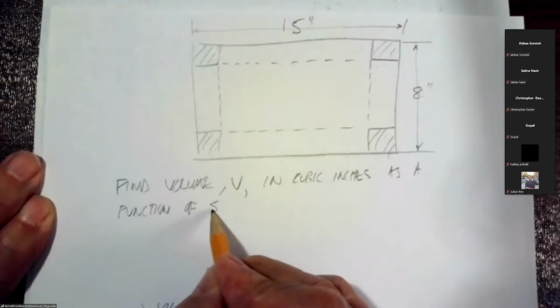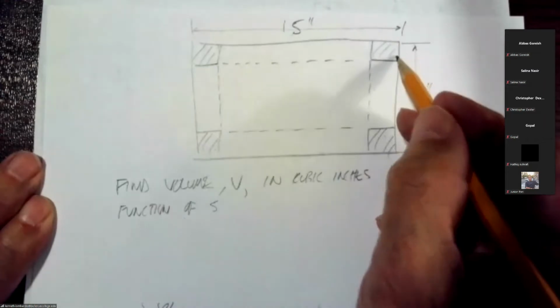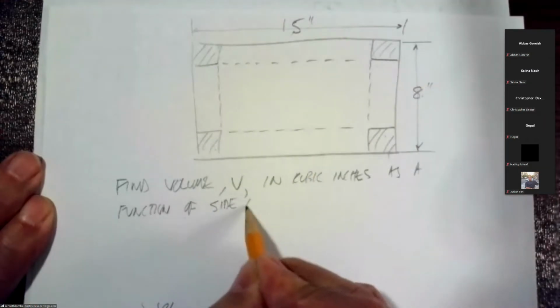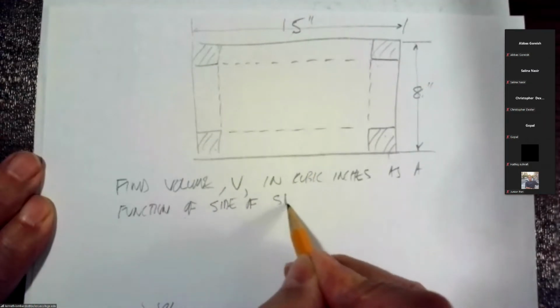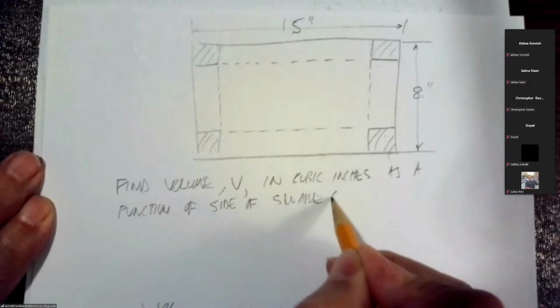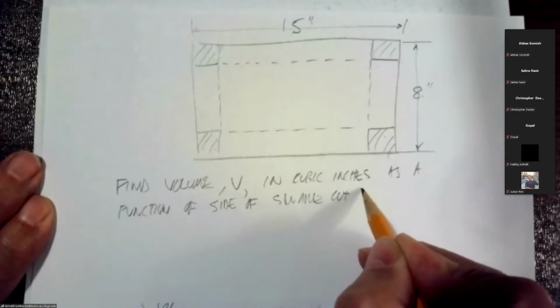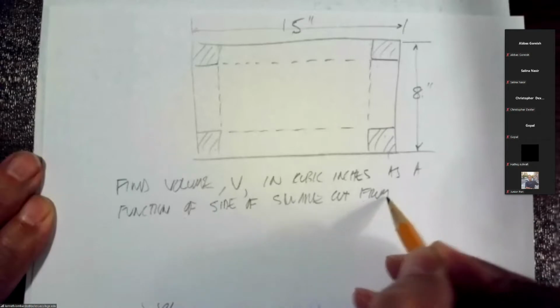So as a function of, let's say, the side of the square cut from each corner.